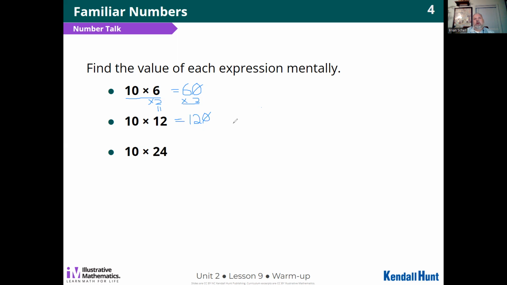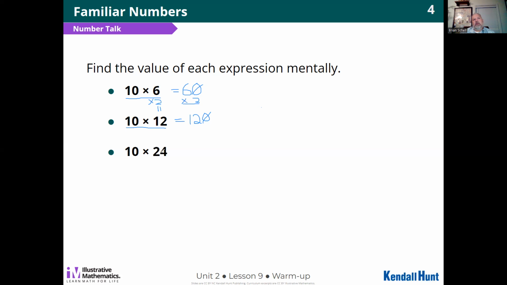Doubling means if you have one that is 60, you're adding another 60 to it. That gives us 120. I don't think that's anything you didn't already know, but I'm just going to review that.